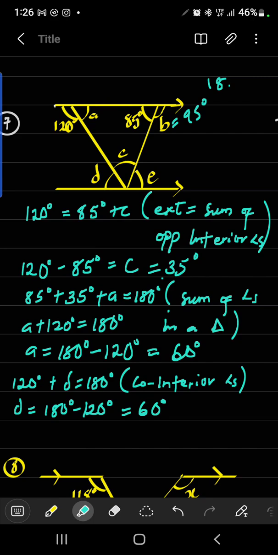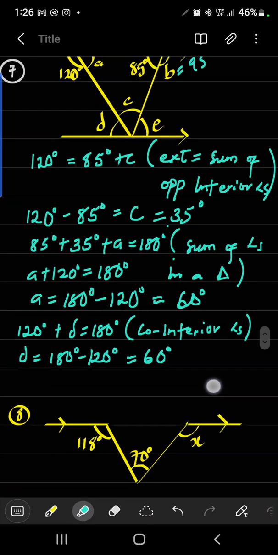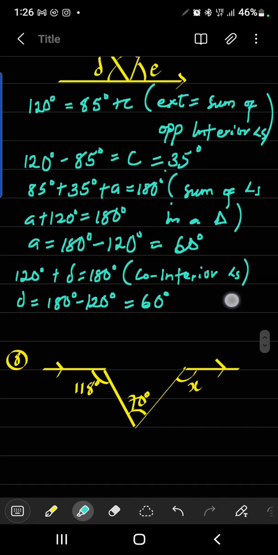But for me, I will just choose one of all these properties, because it is not compulsory you must write everything just to get the same answer. Just choose one. So now to get my E, E is the only one I haven't gotten. So I will choose the shortest one.